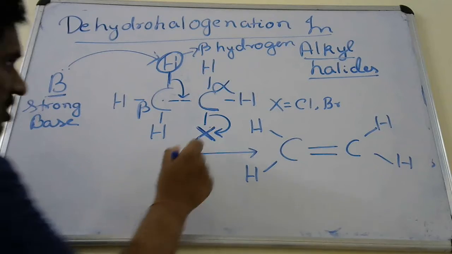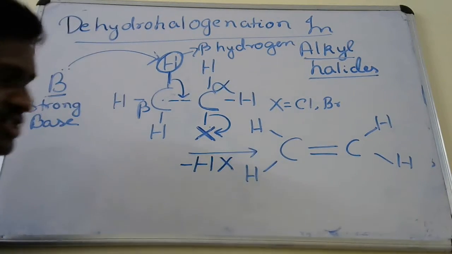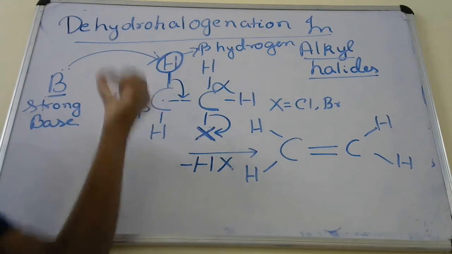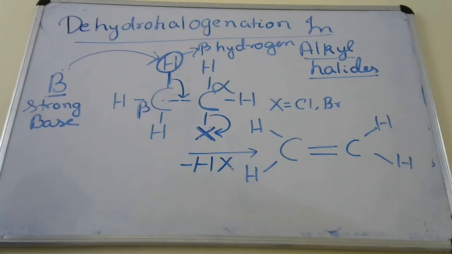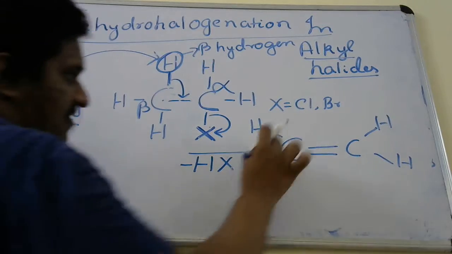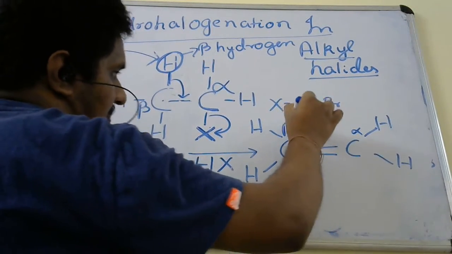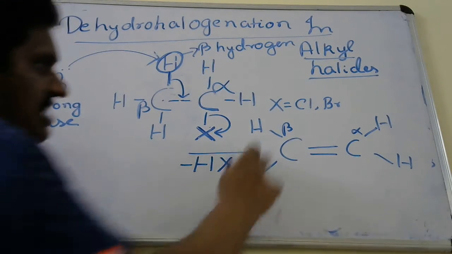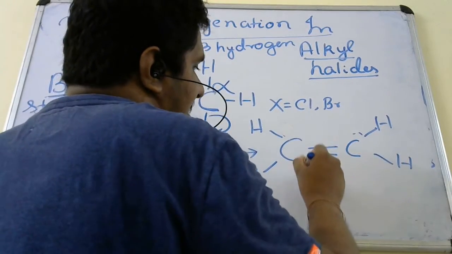So two atoms are leaving, hydrogen and halogen, so minus HX. Due to this, a double bond is developed between alpha carbon and beta carbon. So what do you get? You get an alkene.